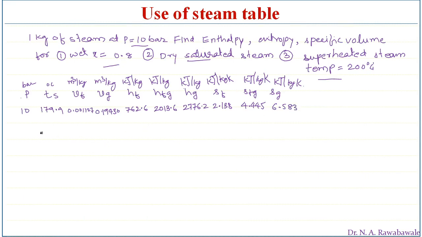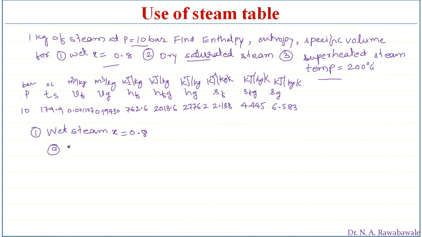So first we consider one type of steam, wet steam, having dryness fraction X equal to 0.8, meaning 80% of water is converted into dry saturated steam and 20% water is still not converted into steam, that is, water is in suspension. First we find the enthalpy of steam.